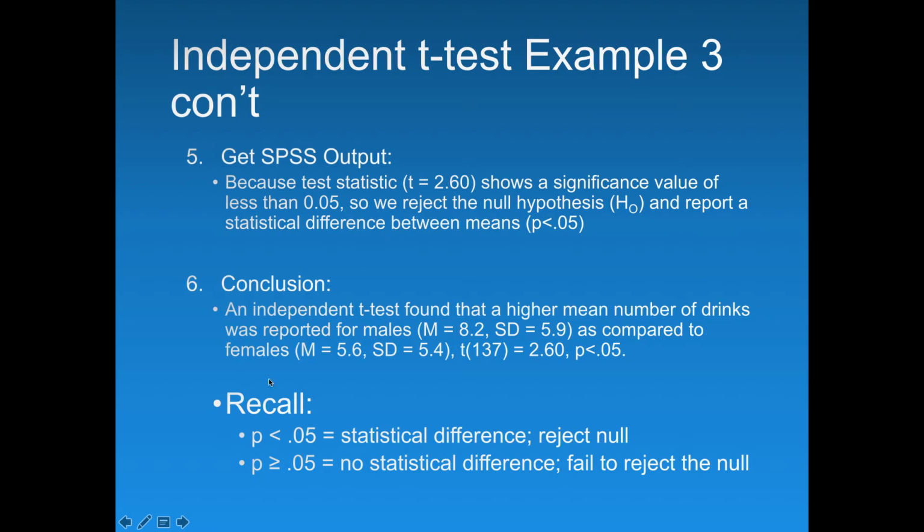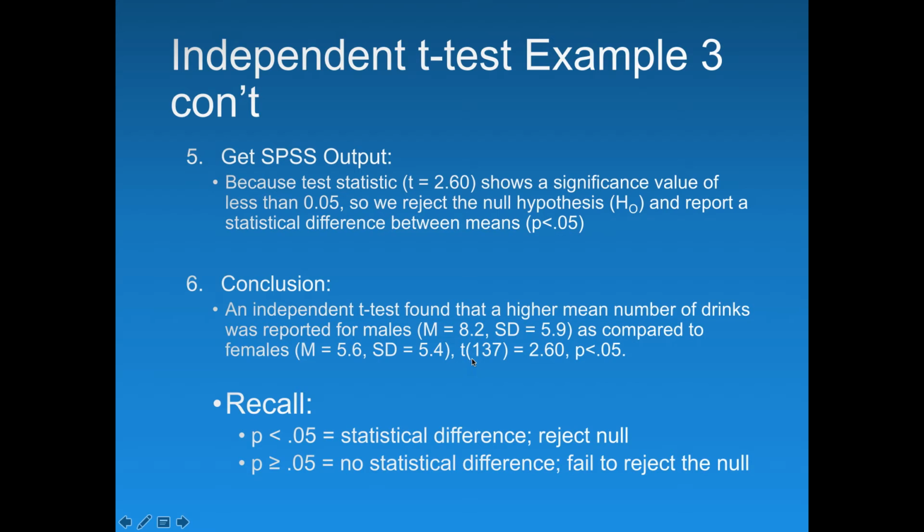So this is one of the write-ups that I'm expecting you to use for your homework. And there's another slide that tells you what exactly, but the conclusion in this case would be: an independent t-test found that a higher mean number of drinks was reported for males, and then it has the mean and standard deviation for males, as compared to females. Mean, standard deviation.